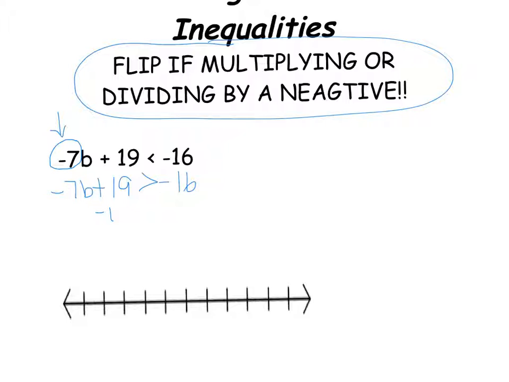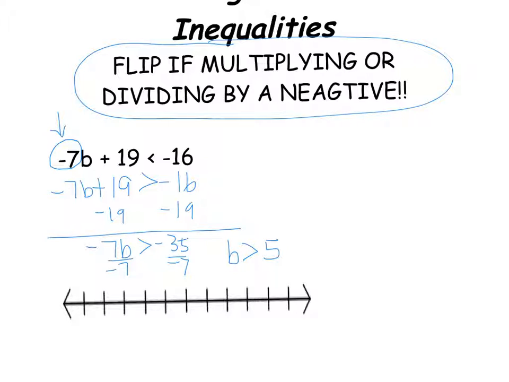So you've got subtract 19. And negative 16 minus 19 is negative 35. And you'll divide by negative 7. So B is greater than 5.